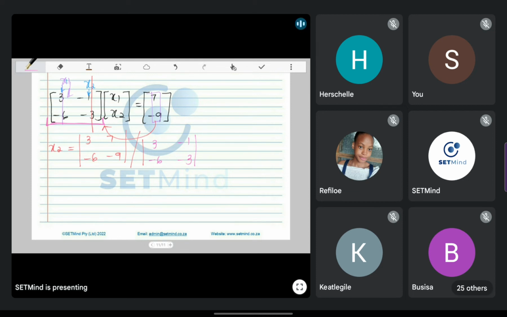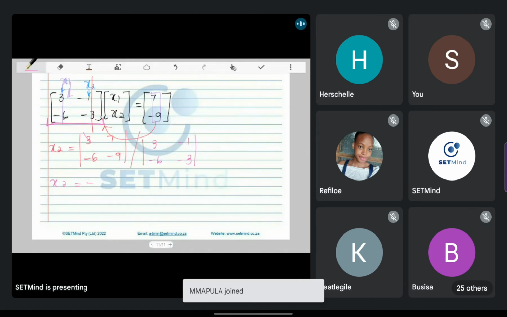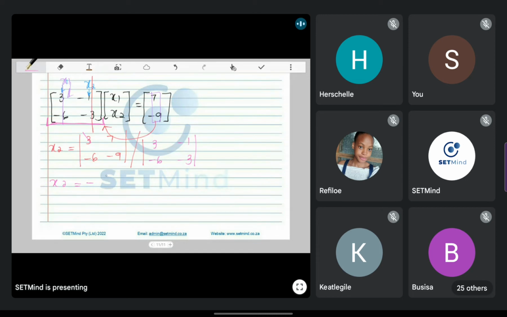So following the same logic, this times this, 3 times 9, is -27, minus 6 times 7, divided by this matrix, that's -9 minus 6 times -1. So let's see.